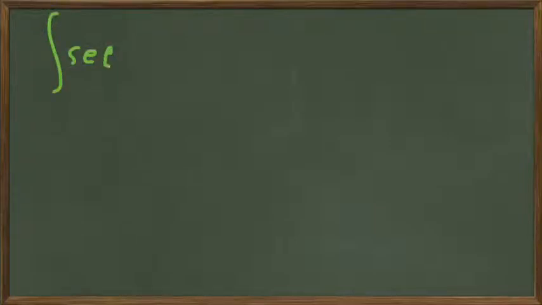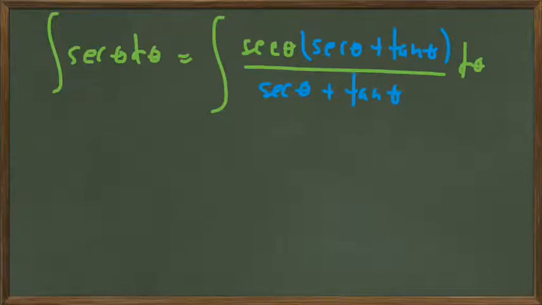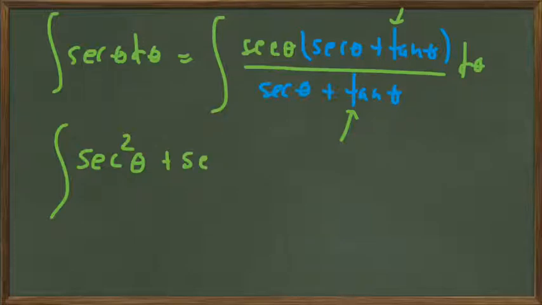So the integral of secant theta, we're going to multiply the numerator and denominator by secant theta plus tangent theta. The reason for that is that it gives us secant squared theta plus secant theta tangent theta.